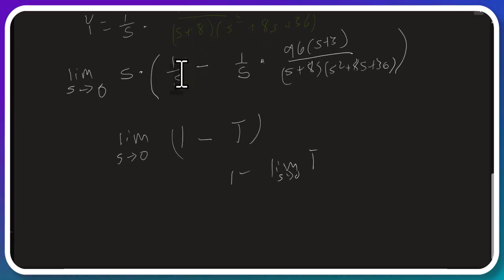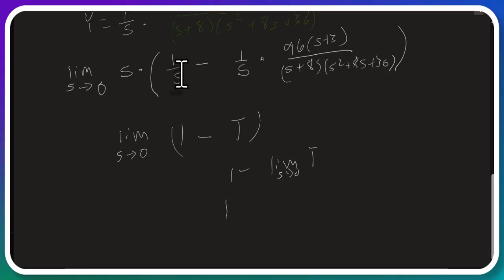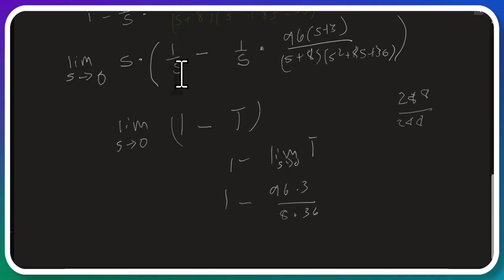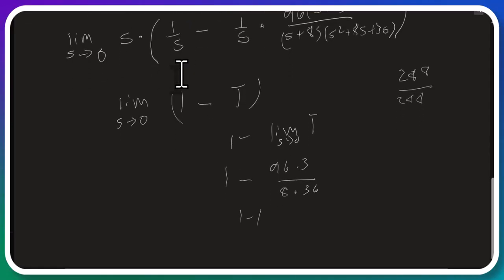And if we plug 0 in there, I don't know why we were getting a different number before, but 96 times 3 over 8 times 36, and let's see, that's 18, carry the 1, to 88 over 48, carry the 4, to 88, yeah, that's 1. So that's just 1 minus 1, and that's 0, and that's why the steady state error is 0.